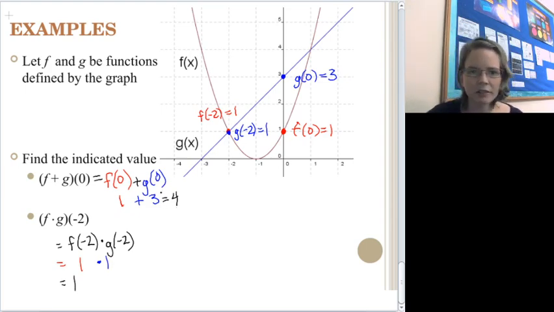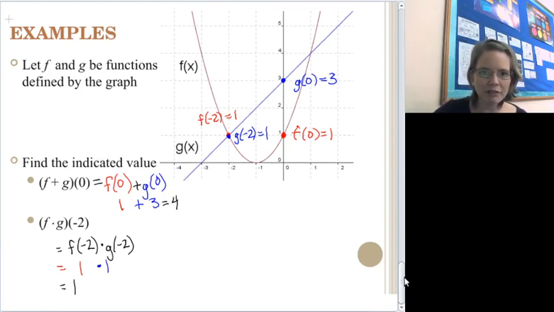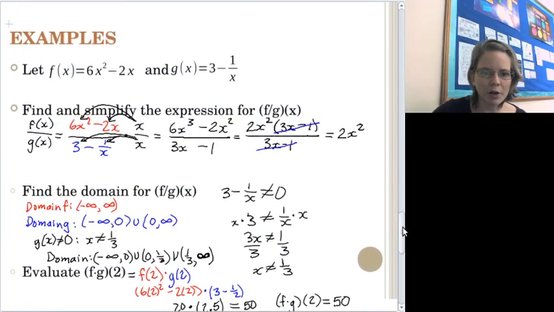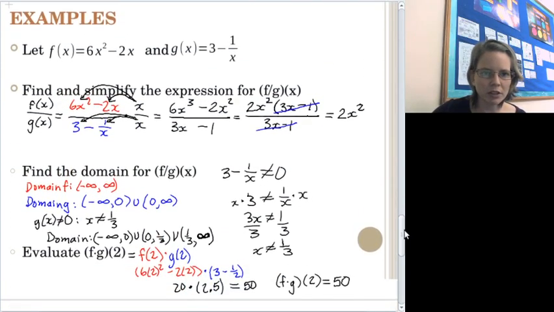So again, this has been function arithmetic, adding, subtracting, multiplying, and dividing functions. Sometimes we find a new function using function arithmetic, or sometimes we evaluate them for certain x values and find a new y value. We also looked at how to find the domain when we create a new function using addition, subtraction, or multiplication and division.